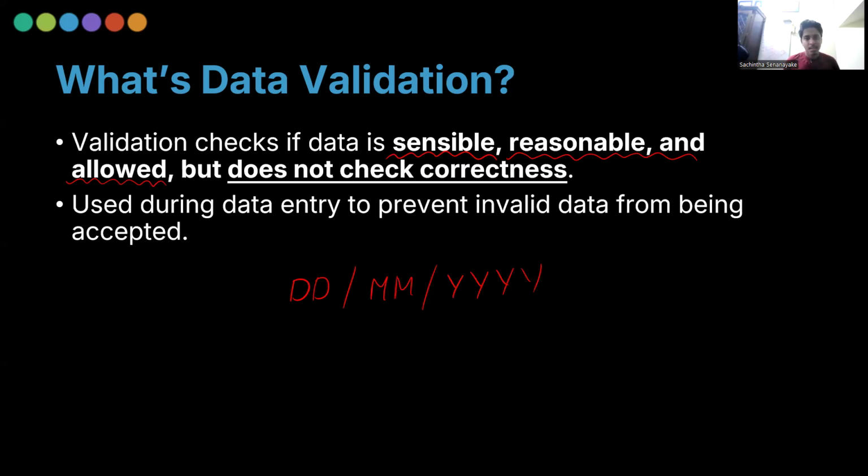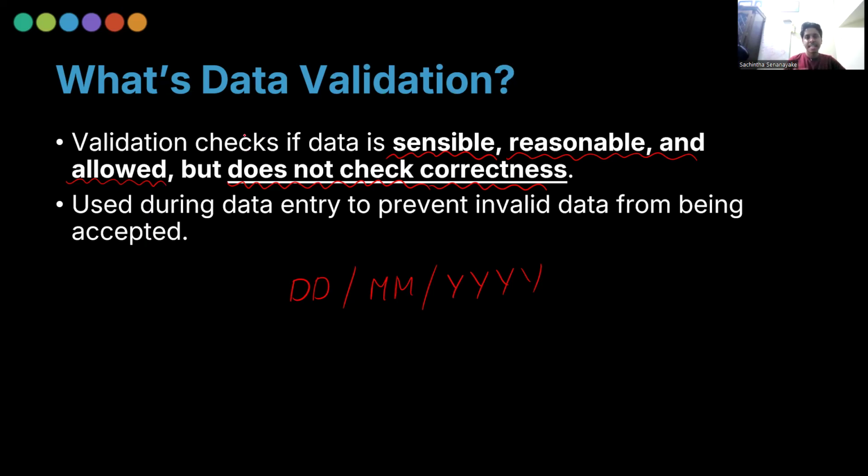But is this a way of ensuring this is the user's actual date of birth? No. The user can enter any date of birth as long as it's in this format. Therefore, validation does not check correctness. It checks whether the data is in the right format, whether it's sensible, reasonable, allowed, but not whether it's correct. That's for data verification.